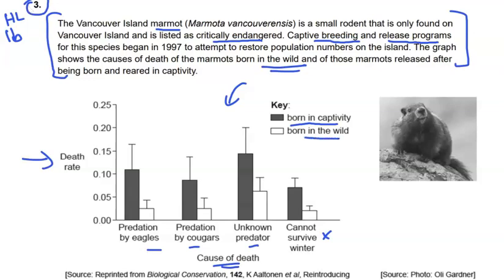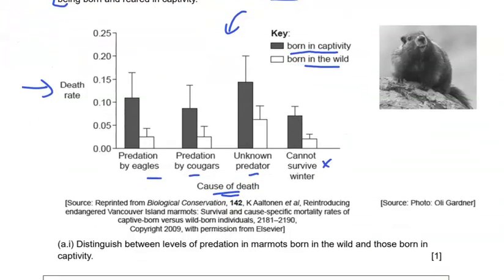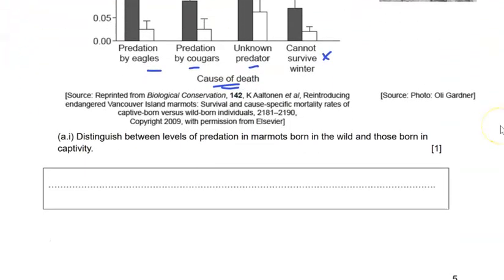But let's take a look at the question. And the first one asks us to distinguish between the levels of predation in marmots born in the wild and those born in captivity. So I think my initial thought is to state that the wild-born marmots have better survival.